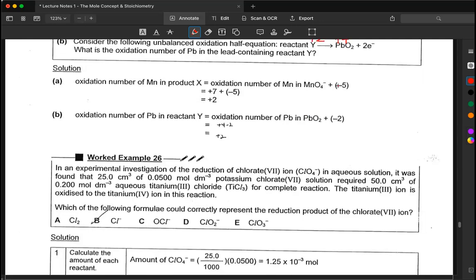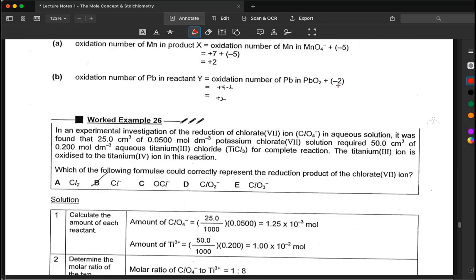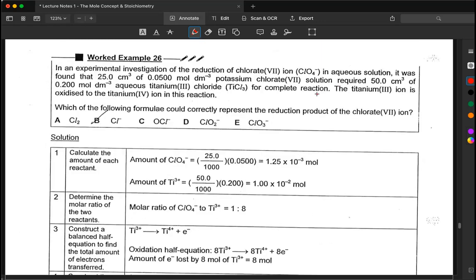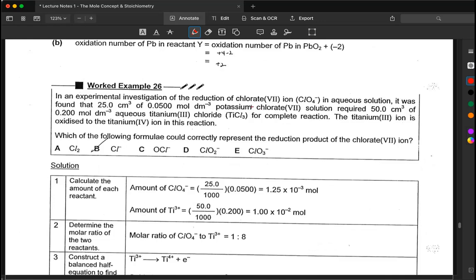Okay, let's look at this example, a long question. You have the reduction of chlorate ion in aqueous solution. So it was found that 25 cm³ of 0.05 mole per dm³ of potassium chlorate requires 50 cm³ of 0.2 mole per dm³ of aqueous titanium chloride. And then the titanium ion is oxidized to titanium 4+ ion in the reaction.